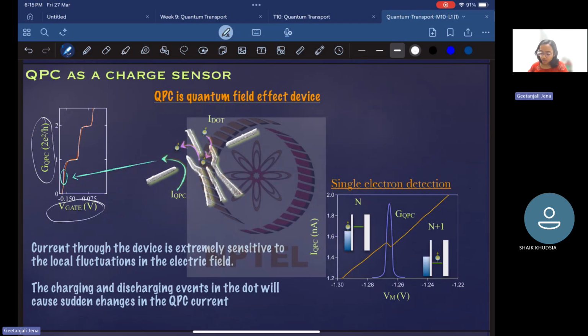If we use these characteristics and design a QPC around this quantum dot region, then depending on the charging and discharging event, the conductance of this quantum point contact will change. According to that, we can see the charge sensing. For that, if you look at this plot, the single electron detection, this figure.